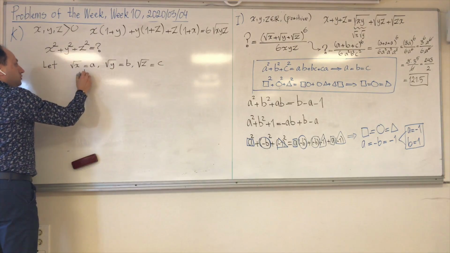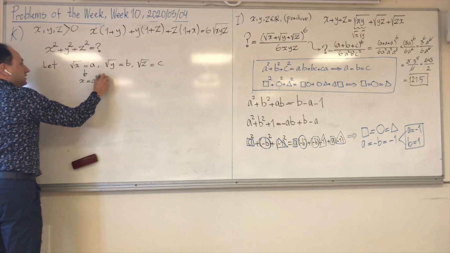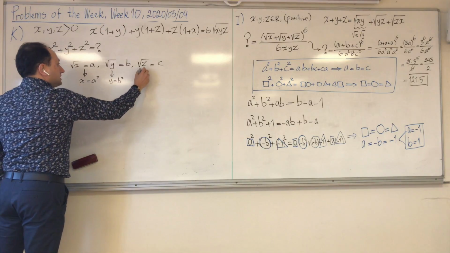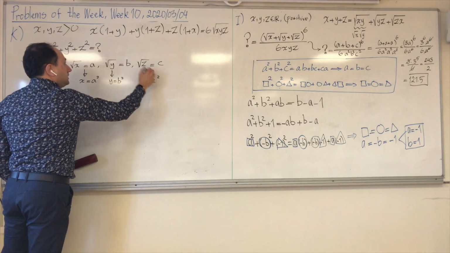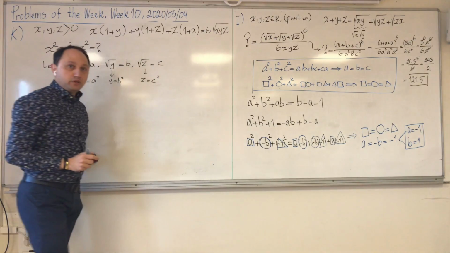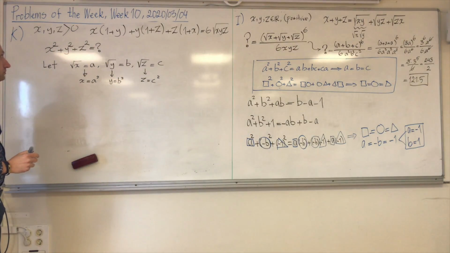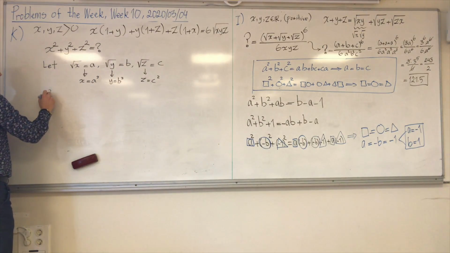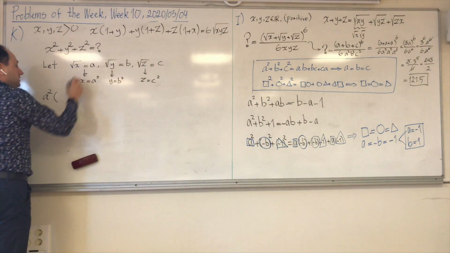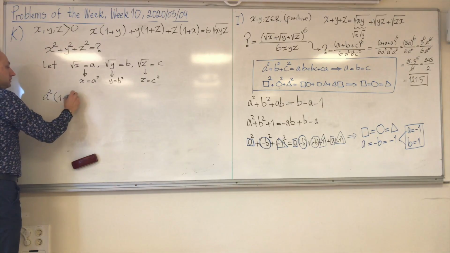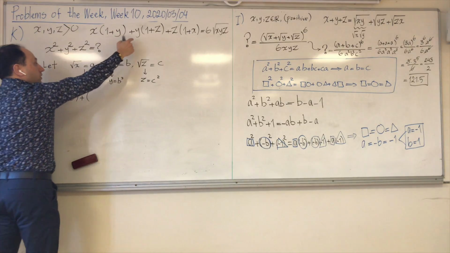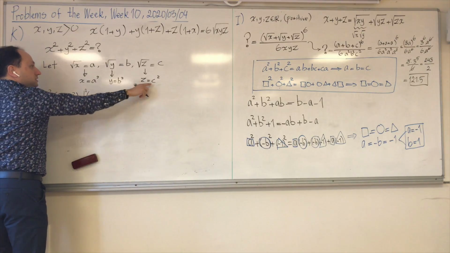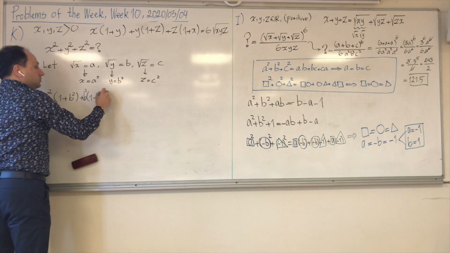And again, as before, x is a squared, y is b squared, and z is c squared. So let me rewrite this expression once more. Instead of x, I put a squared, and then I have 1 plus b squared, plus instead of y, I put b squared, and then I have 1 plus z squared, z is c squared.